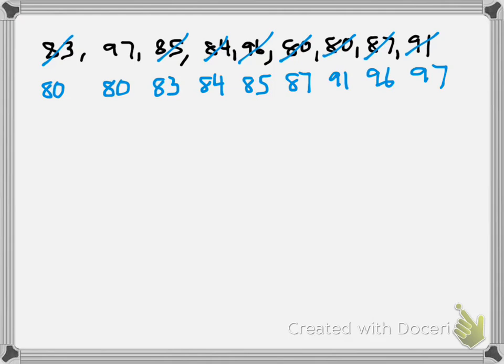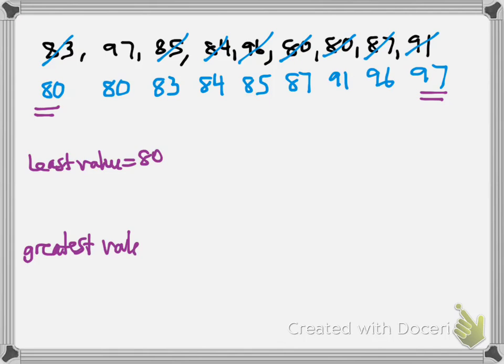Okay? So I can already note that these 2 numbers are going to be part of my set of data. So the least value is equal to 80, and my greatest value is 97.